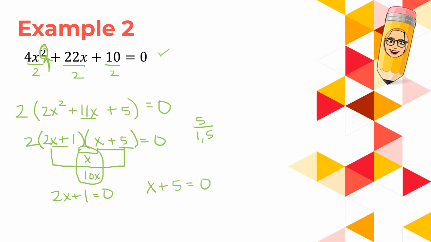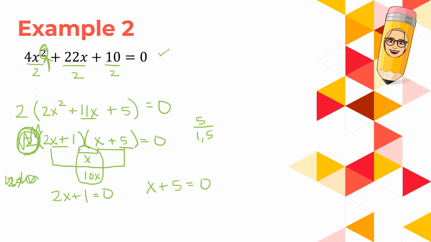The reason I'm pointing out the number is because you might think that we have to take this 2 and set it equal to 0. If I take 2 and set it equal to 0, there's no x to solve for here. And 2 does not equal 0. So we actually just get to ignore the 2 out front when there's no variable with it. So when it's just a number, we don't have to worry about it.